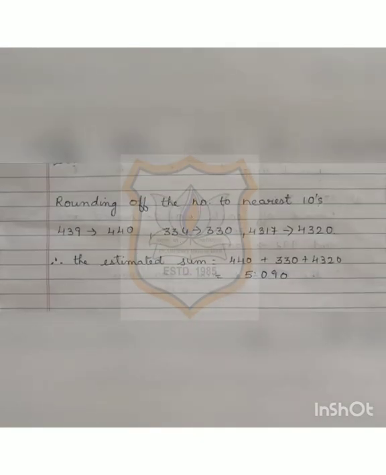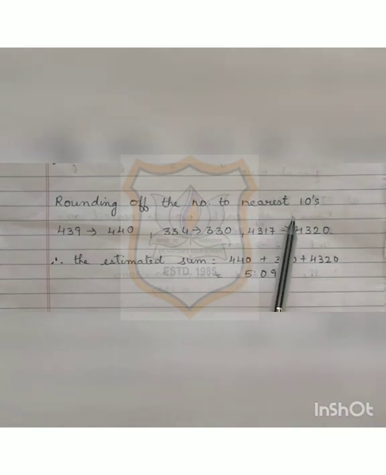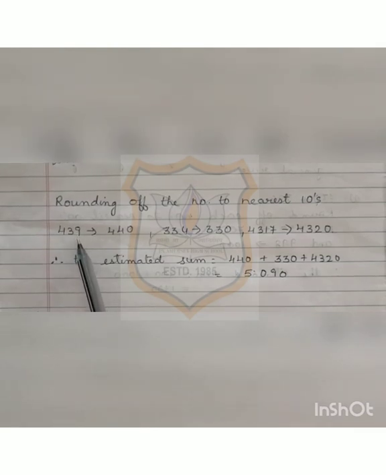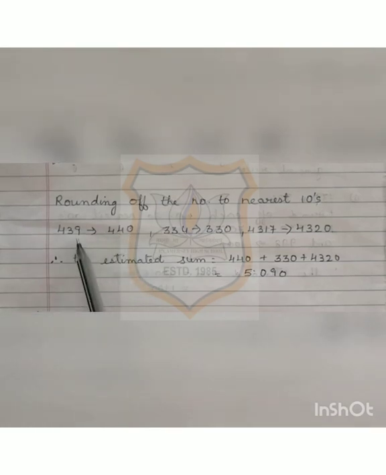Now, in the second part, we have to find out the answer by rounding off to the nearest of tens. So, we will round off the numbers to nearest tens. Here the number is 439. According to the rule, at the unit place we will write 0 and we will see the number at the unit place.